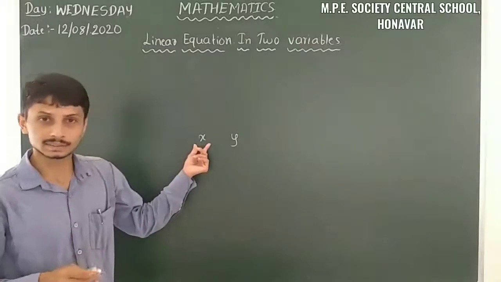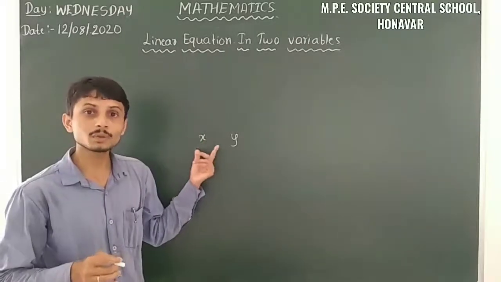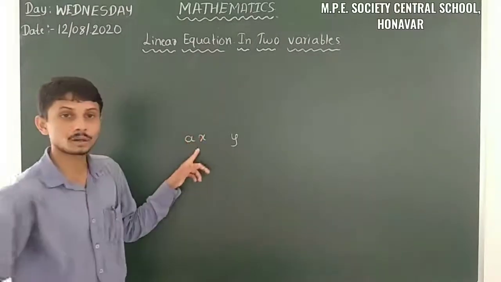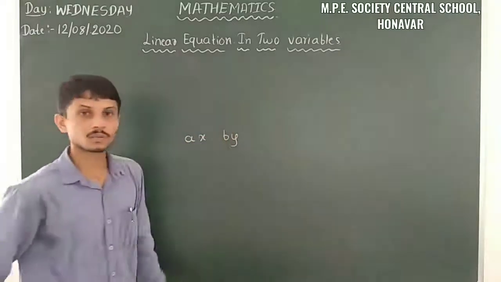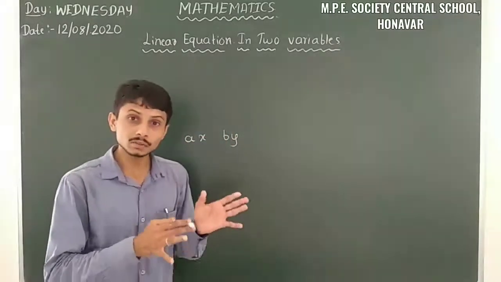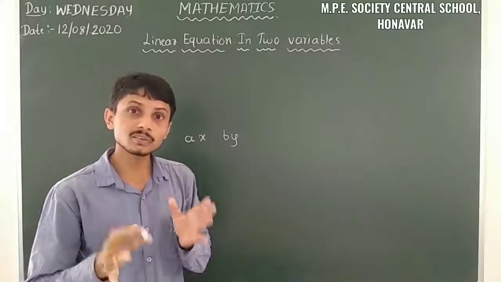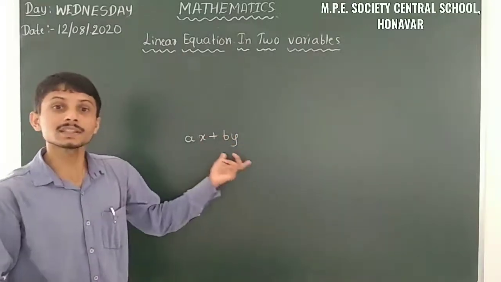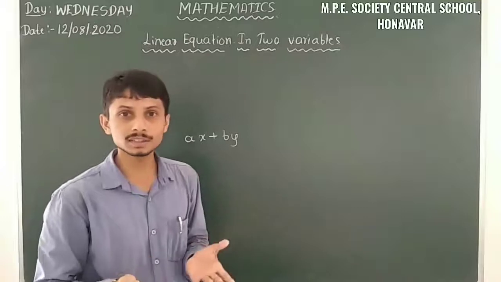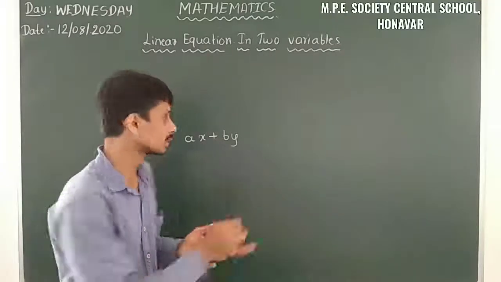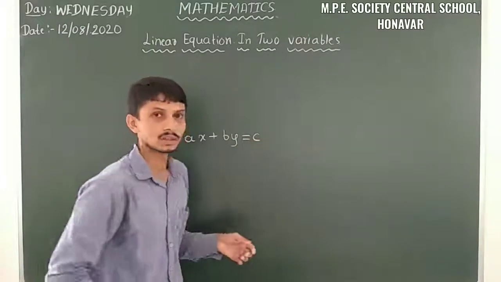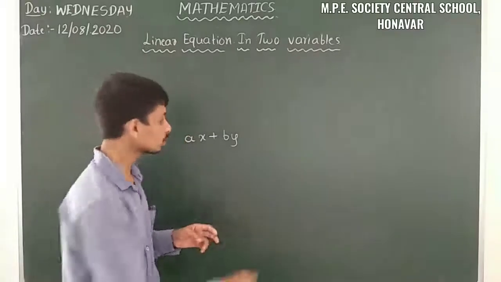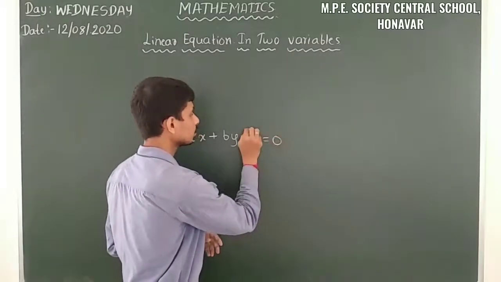Then we take a as the coefficient of x and b as the coefficient of y. For a linear equation in two variables, we take addition or subtraction between them, and after that we have some result, so we take c. Simply, ax plus by plus c is equal to 0.